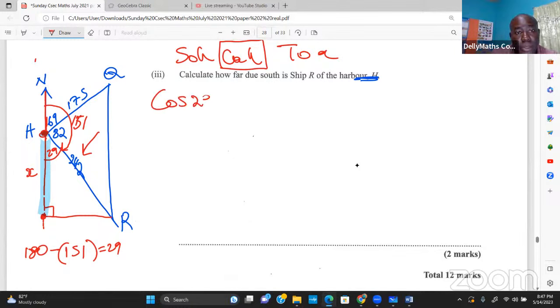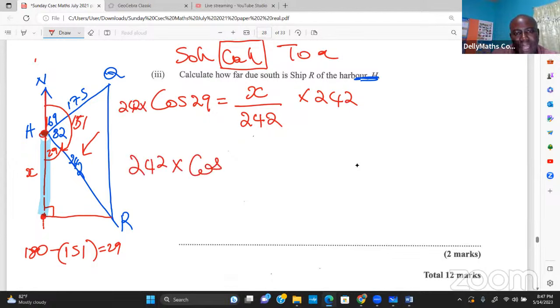Cosine of 29 is the adjacent side, which is X that I want to find, over the hypotenuse, which is 242. Then X is found by multiplying both sides by 242. So 242 times the cosine of 29 is going to give me that distance.